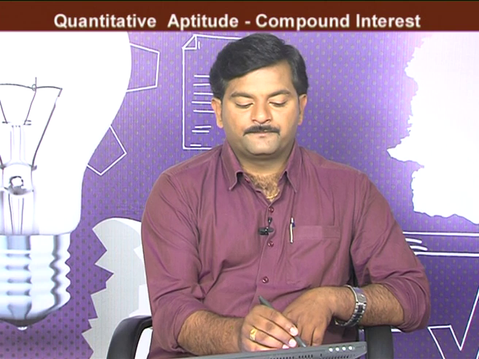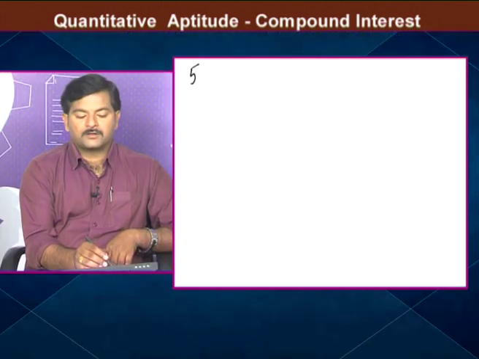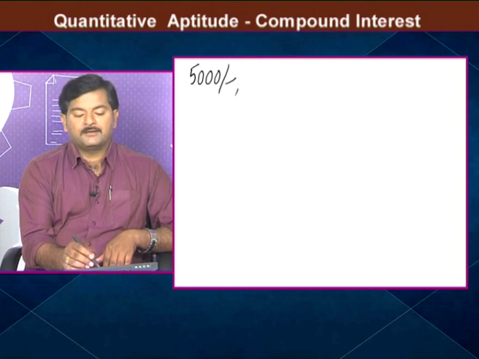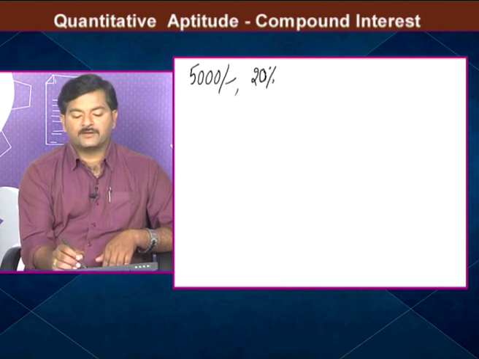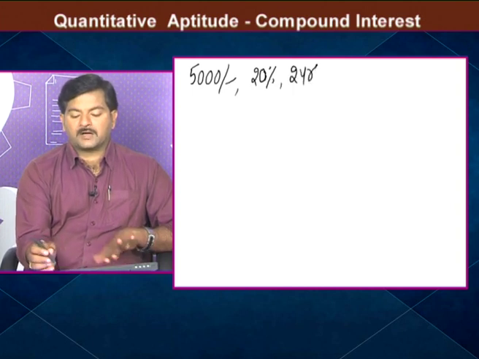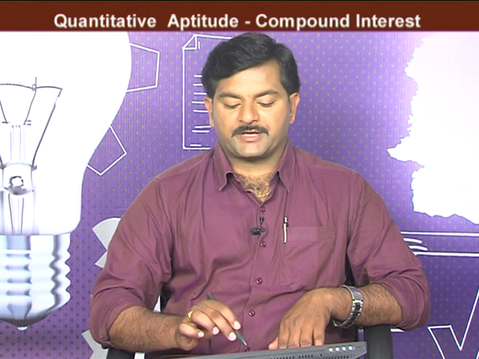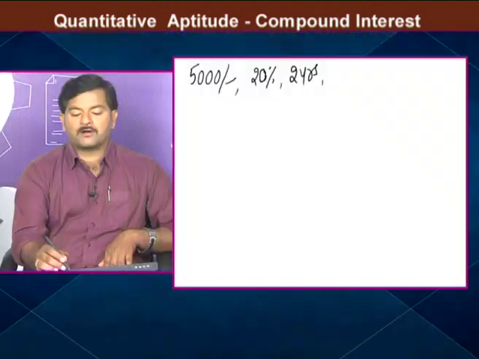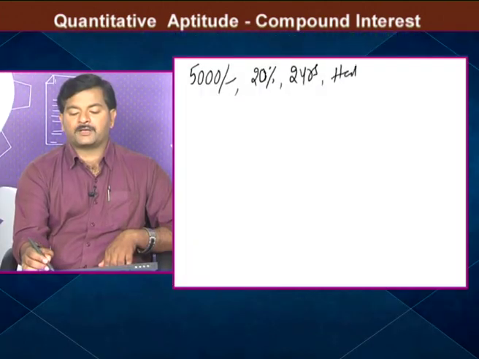For example, a person borrowed rupees 5,000, let's say at 20% per annum rate of interest for 2 years on compound interest, if interest is being compounded half yearly.